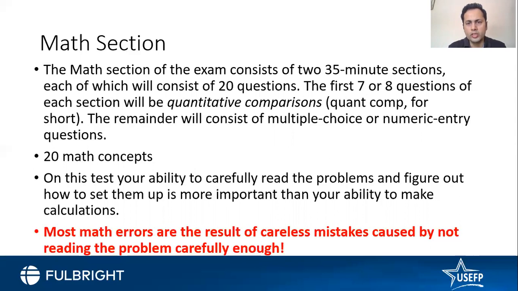In the multiple choice, you would have choices from which you can select. Once again, 7 to 8 are quantitative comparison, in which you don't have to find the exact answer. You just need to find which of the sides is bigger. We will come to it in a bit.